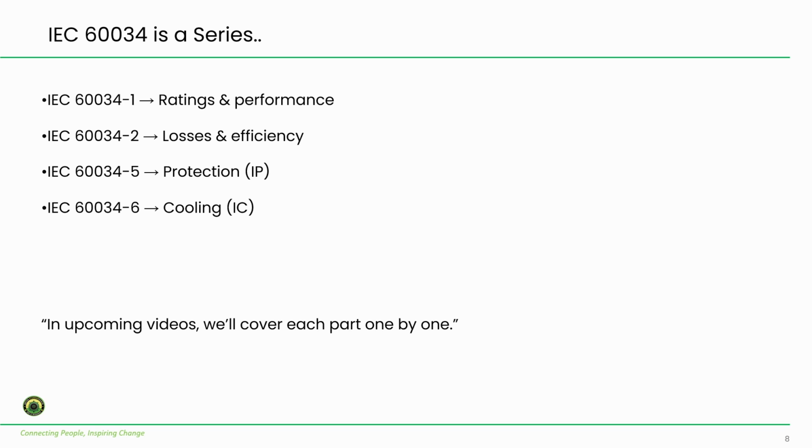Then IEC 60034-5 says about protection classes, and dash 6 about the cooling methods. So step by step we are going to look at all these explanations in a simple, practical and industry oriented way. In upcoming videos we will cover each part one by one.